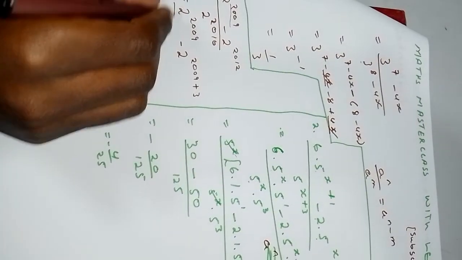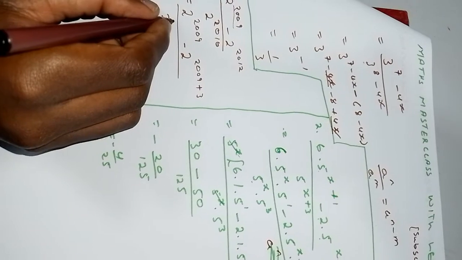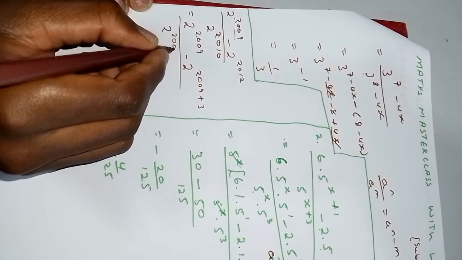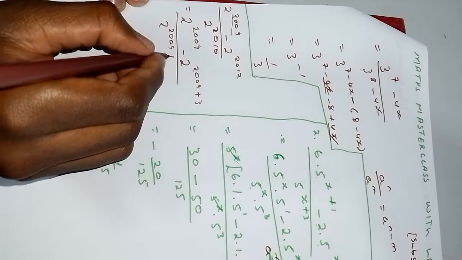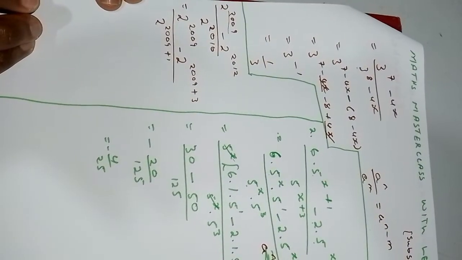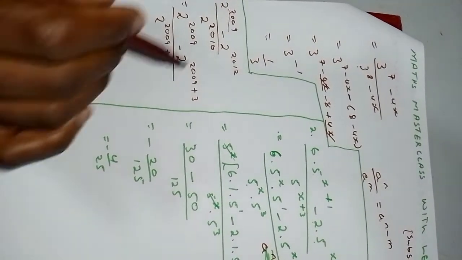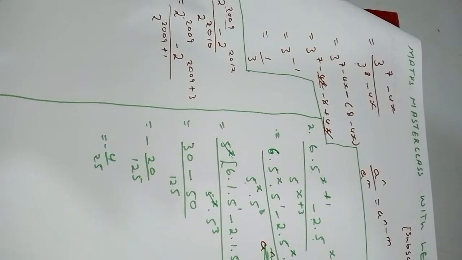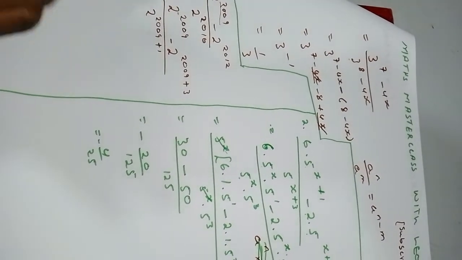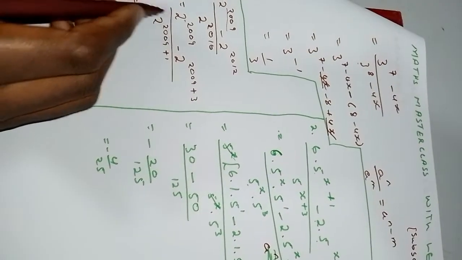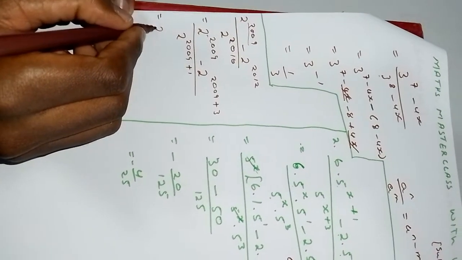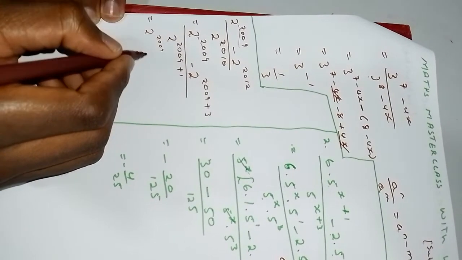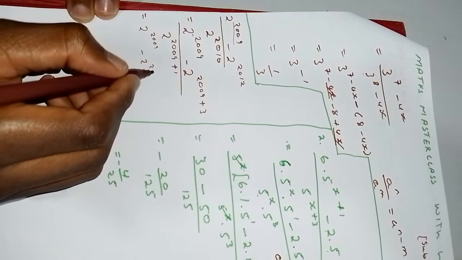All over 2 to the power 2009 plus 1, since from 2009 to 2010 I have 1. I'm just splitting this so that everything has 2009.